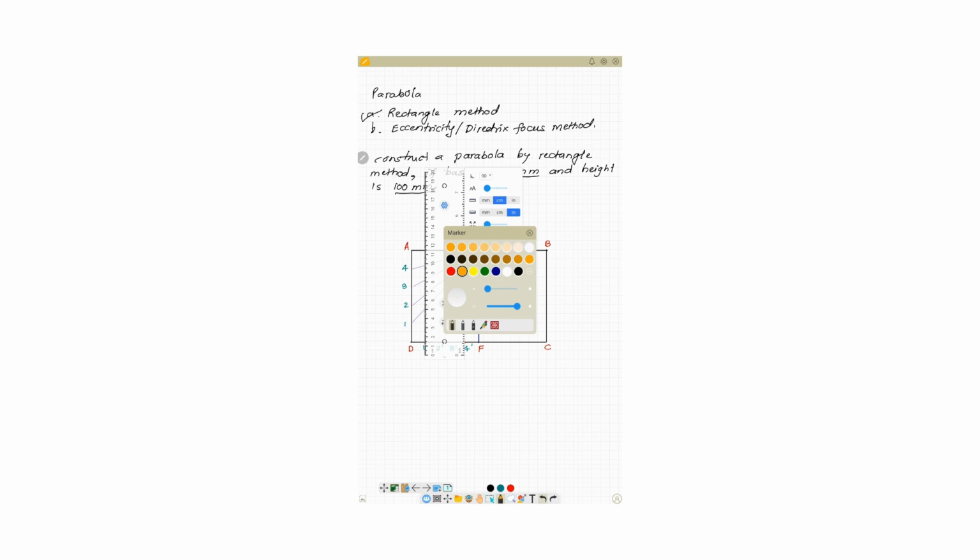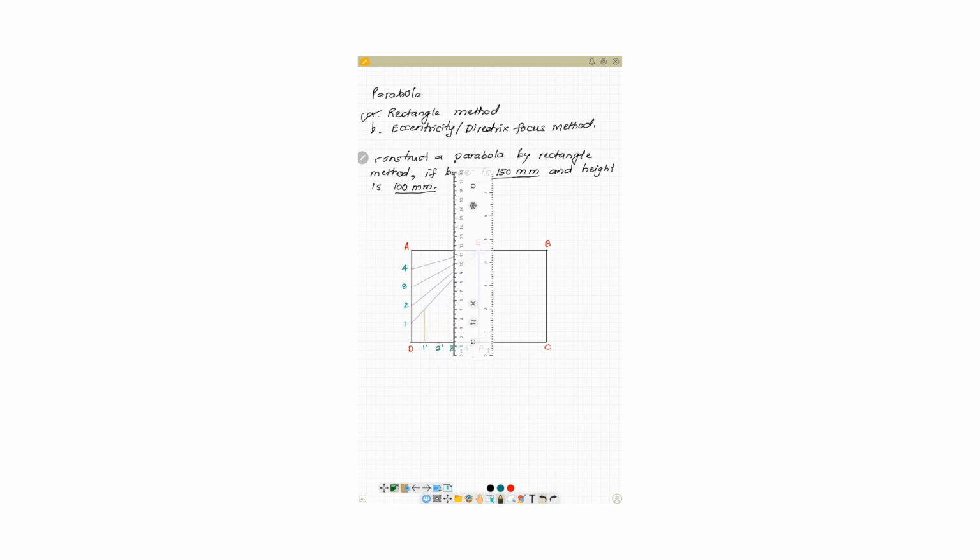I'll select a color in order to easily identify the line. So I'll draw a vertical line passing through point number 1 till it intersects line E1. So this will be my first point, and I will name it as P1 point.